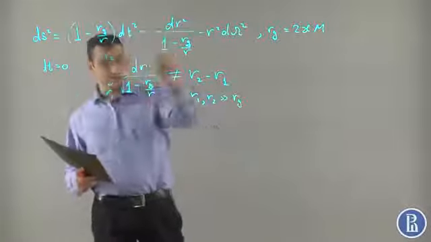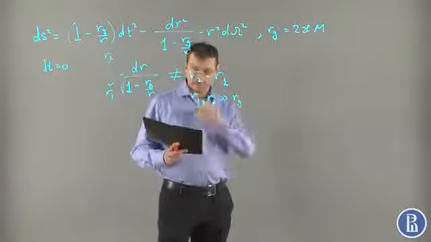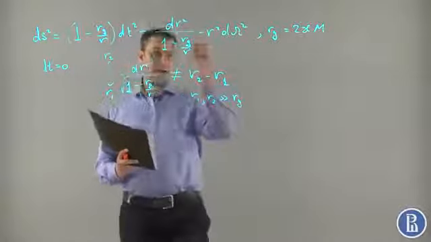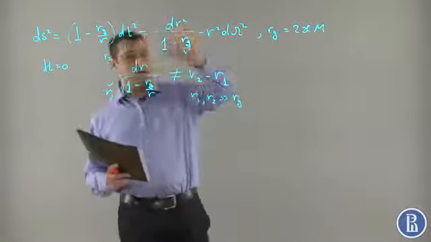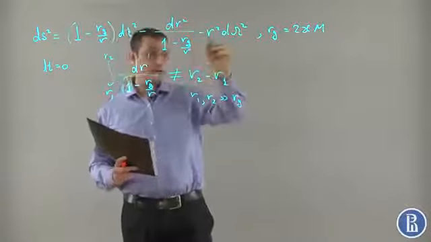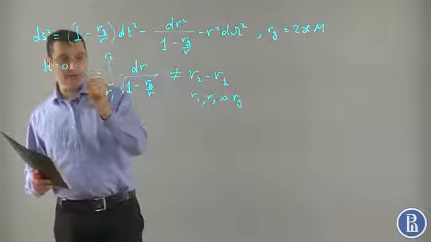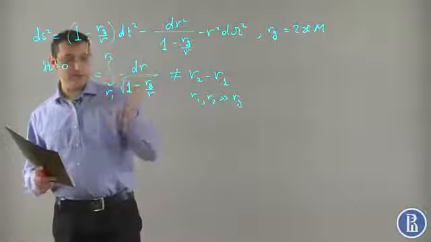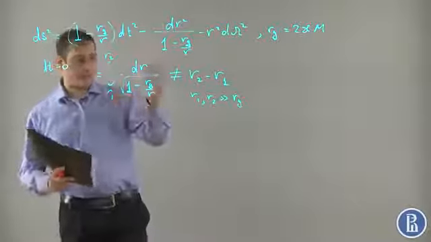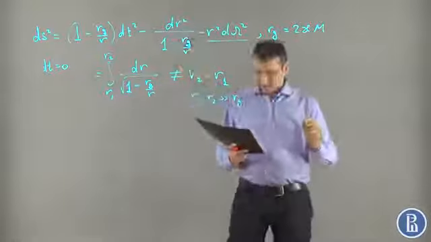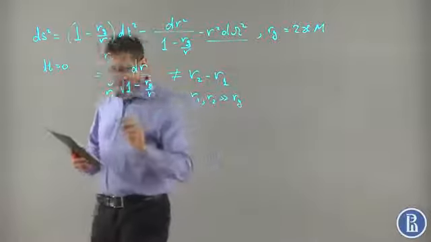So they are not equal. This is important: the radii of the spheres are different, so the radii are not directly related to the areas of the spheres. That's the first thing.